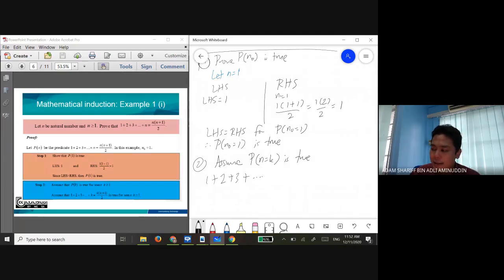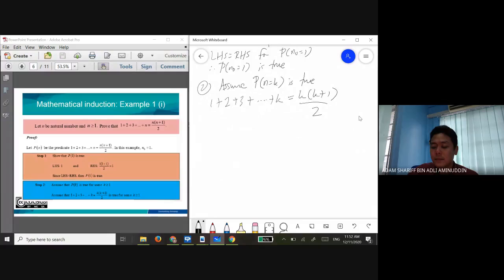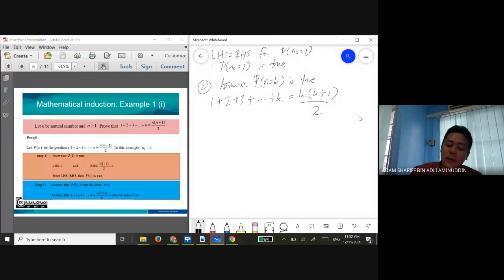Because we assign n into a sum, another value of k, will be k plus 1 over 2. We proceed to the next step. We need to prove that P(n) equals to k plus 1 is true.